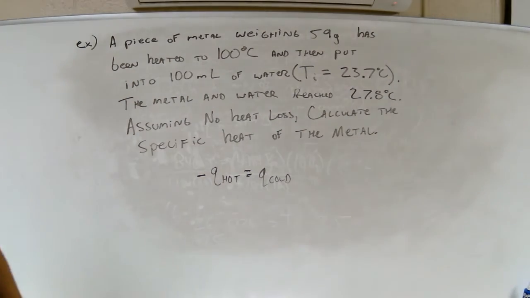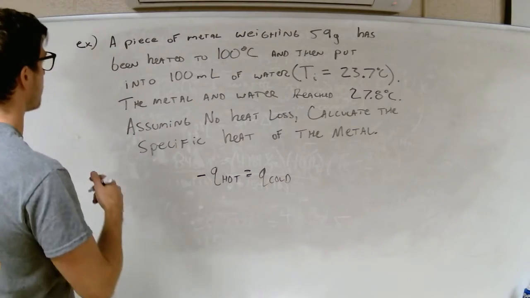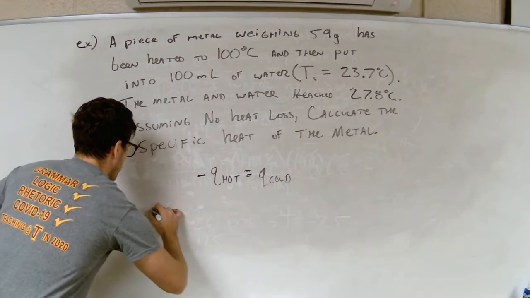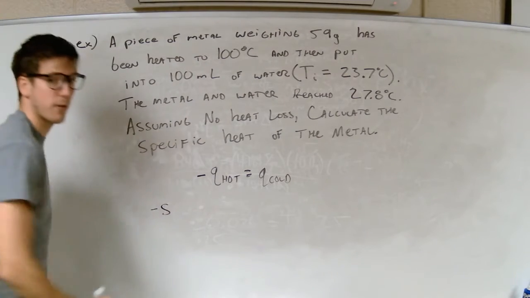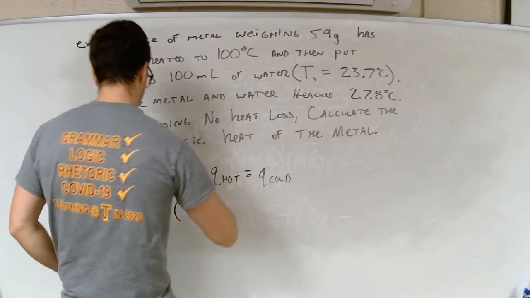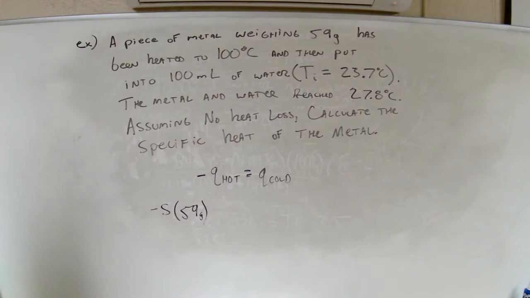Anyway, negative Q hot, right? SMΔT. So we know that for the Q hot, the specific heat of the metal is what we're looking for, right? The metal was 59 grams. Okay. Change in temperature.